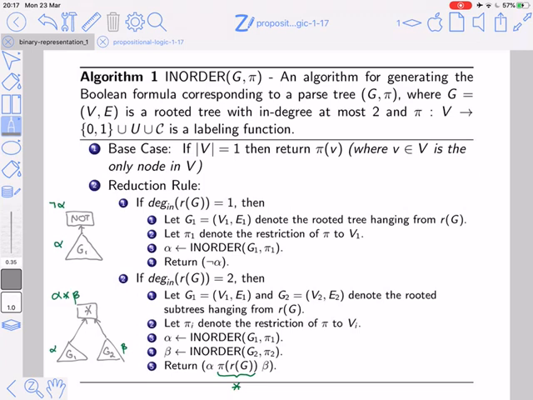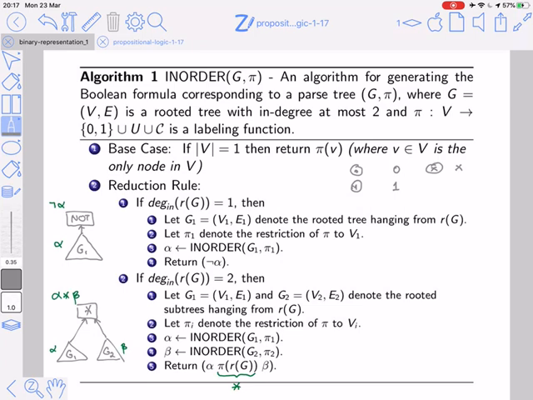So in this case, we have a single node, and something is written here, let's say the constant 0, and therefore it represents the formula 0. It could be a single root with a 1 in the label, and then it would represent the formula 1. And it could be a single root labeled by x, and then it would represent the formula x.